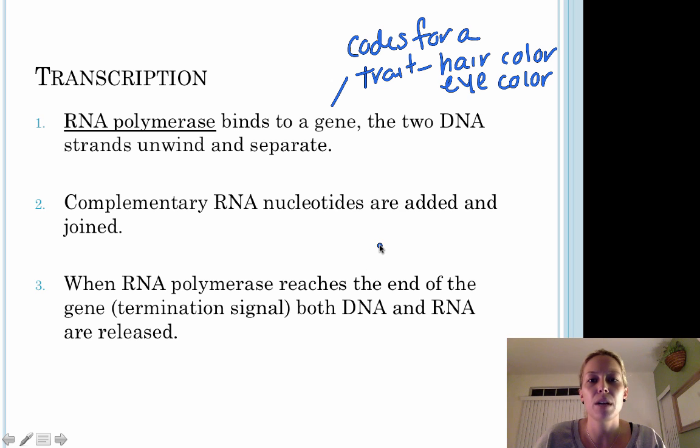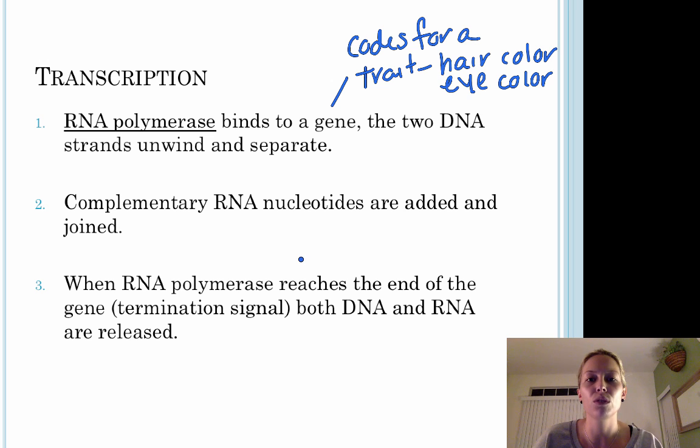RNA polymerase, that enzyme, is going to bind to the two strands of DNA, unwind it, and separate it. So it does the job of helicase. If you remember back to DNA replication, RNA polymerase does the job of helicase as well. RNA polymerase also then adds complementary RNA nucleotides to one strand of the DNA molecule.